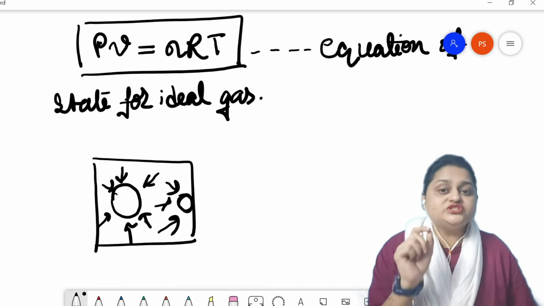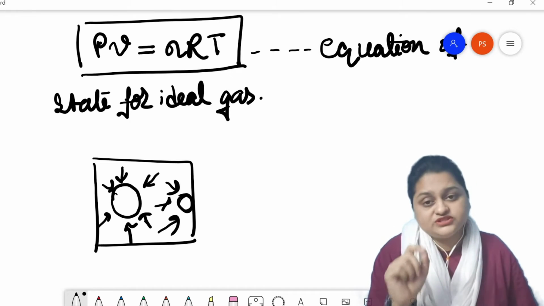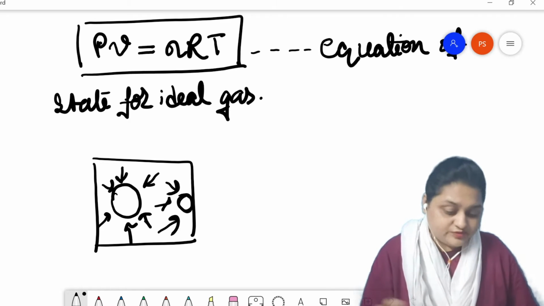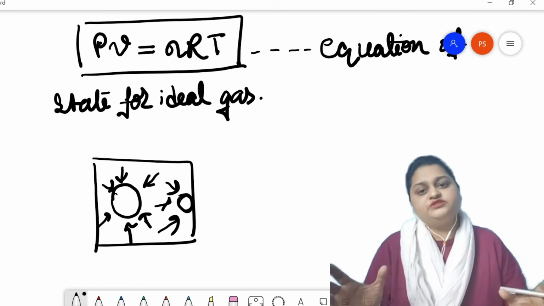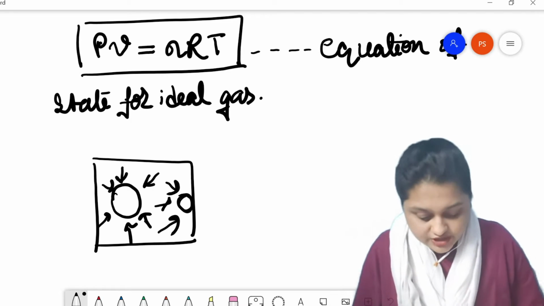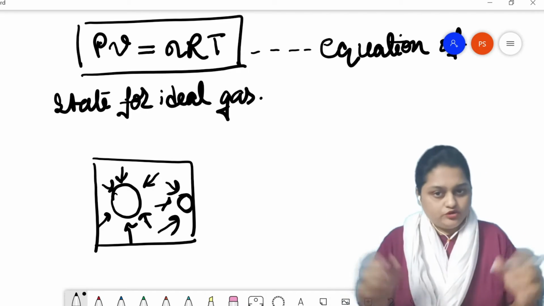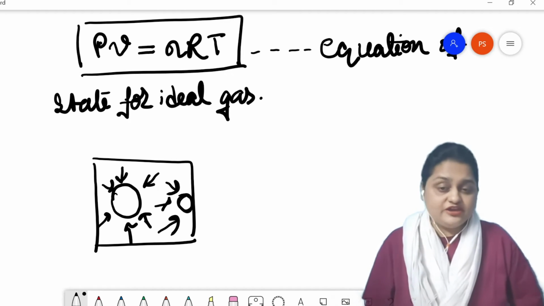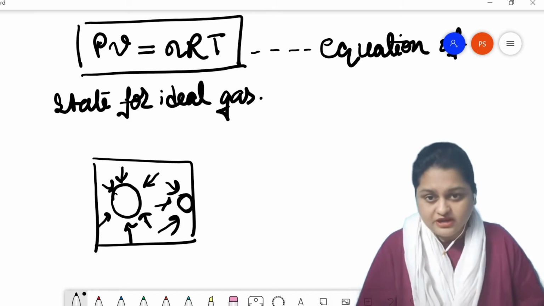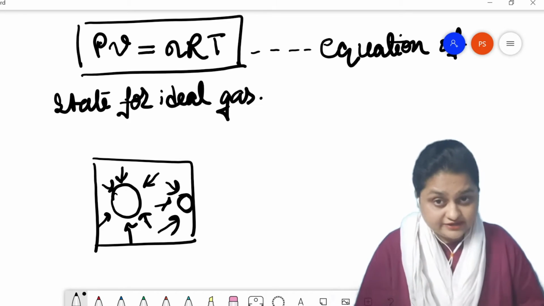That's why it was neglected during the observation. So the volume of the gas for the ideal gas was taken as the entire volume of the container. But in real life, the volume of the constituent particles is considerable. It cannot be neglected.